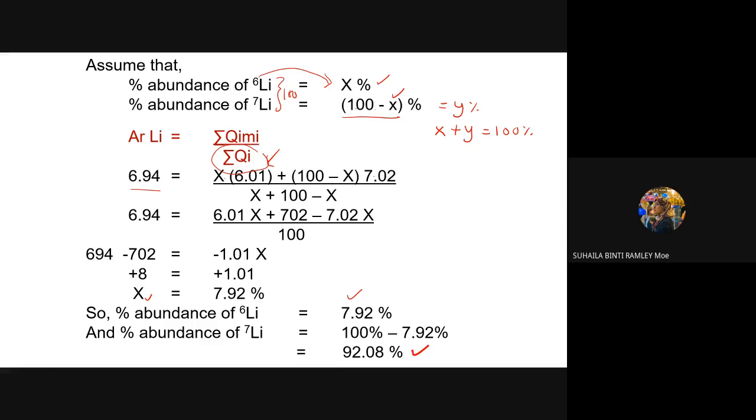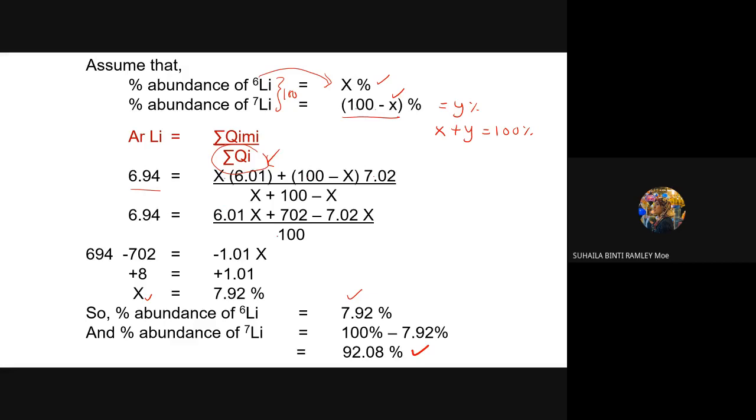Okay, any question for this example? Actually, this is the hardest example in calculation for mass spectrum. Why is there 7.02?